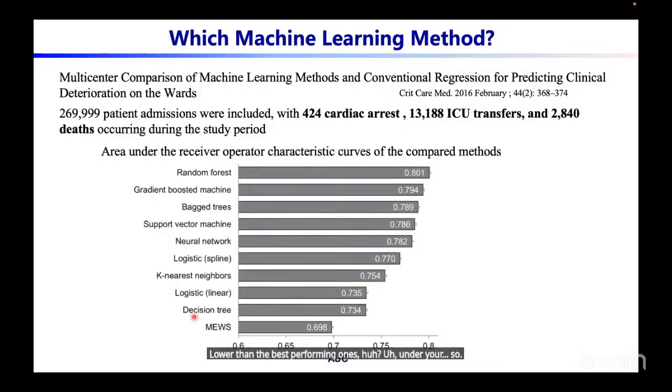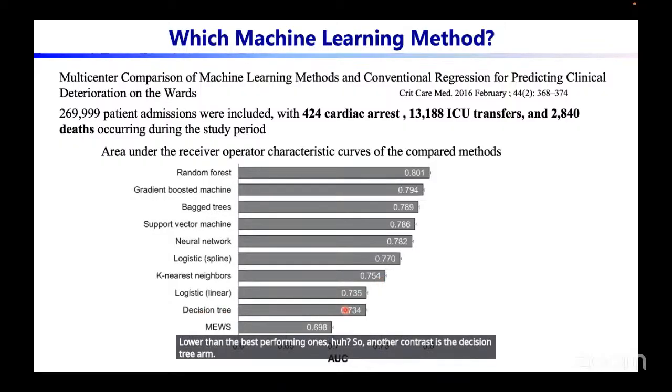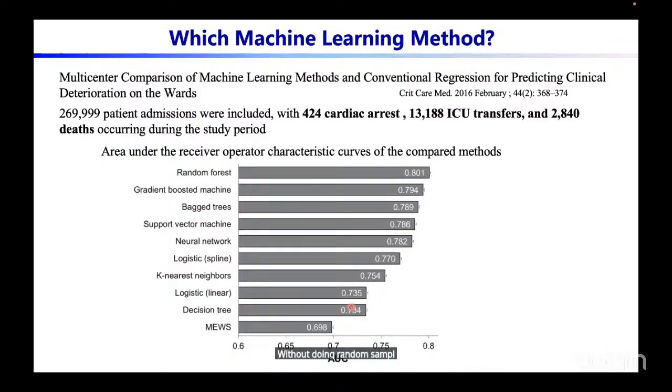Another contrast is decision tree. Without doing random sampling, in terms of the samples and in terms of the features, if you only use a decision tree alone, the best you can achieve is 73% accuracy, 7% lower than the random forest models.